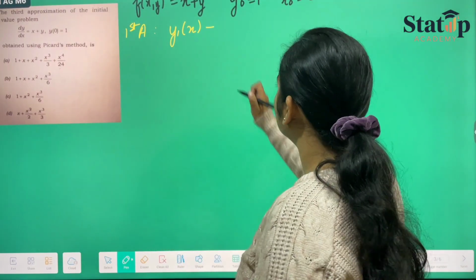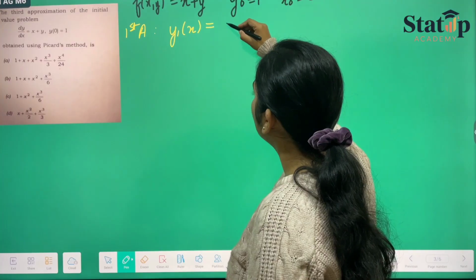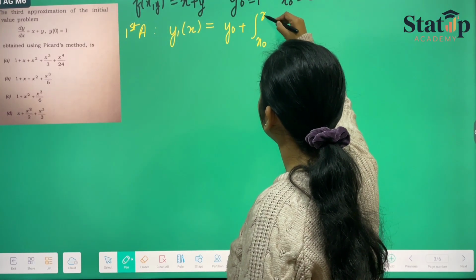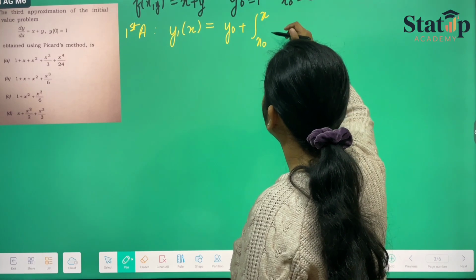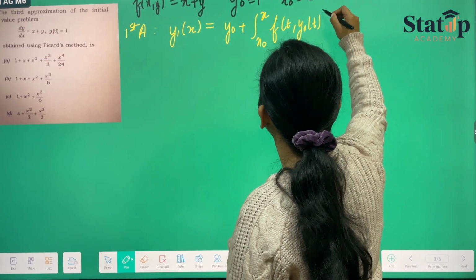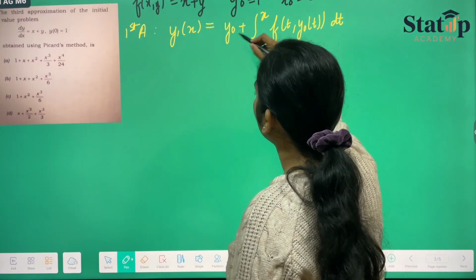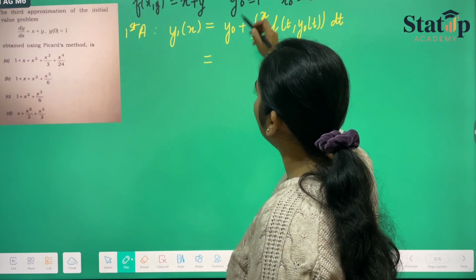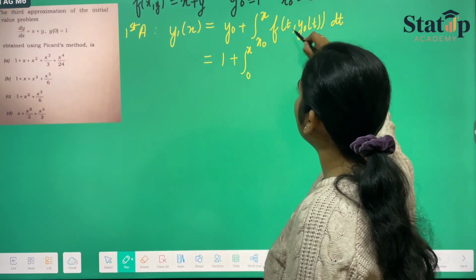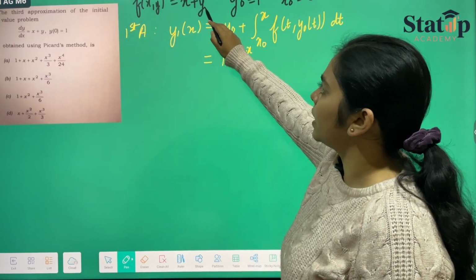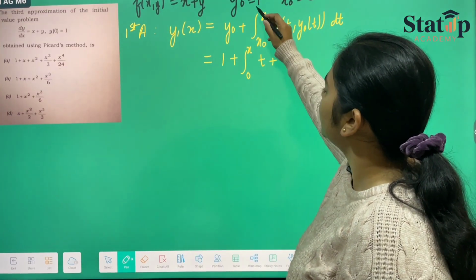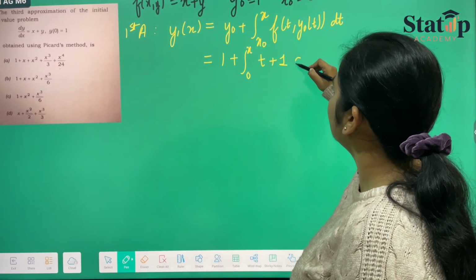So y1(x) will be equal to y naught plus the integration from x naught to x of f(t, y naught(t)) dt. Now placing the values here, y naught is 1, plus the integration from x naught, which is 0, to x, of f(t,y), which is x plus y. x is replaced by t and y is replaced by y naught(t). y naught is 1, dt.